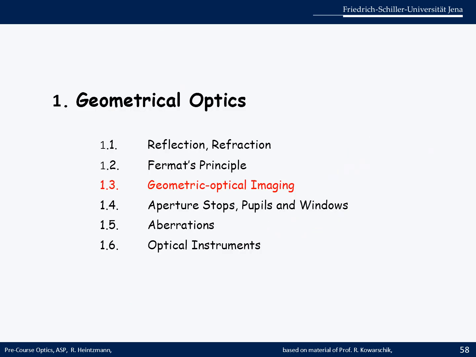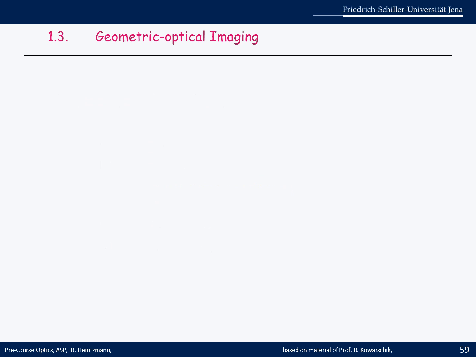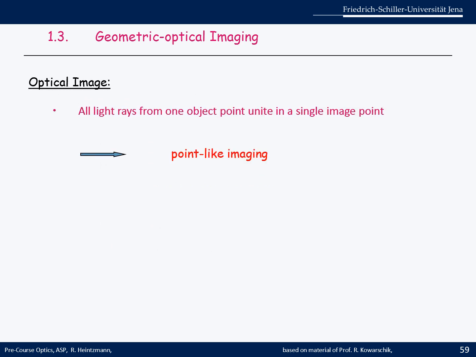Now we are going to deal with geometric optical imaging by a few examples. The first rule is that all light rays from one object point unite in a single image point. Of course, that's only true for optics that form images, but if you talk about lenses, that's what they are meant to do. This is the way we work out where the image is and how big it is.